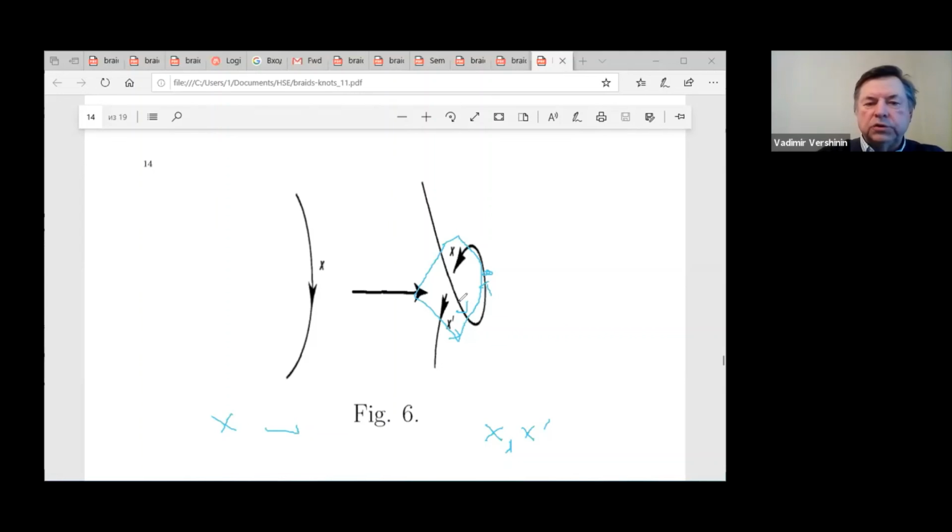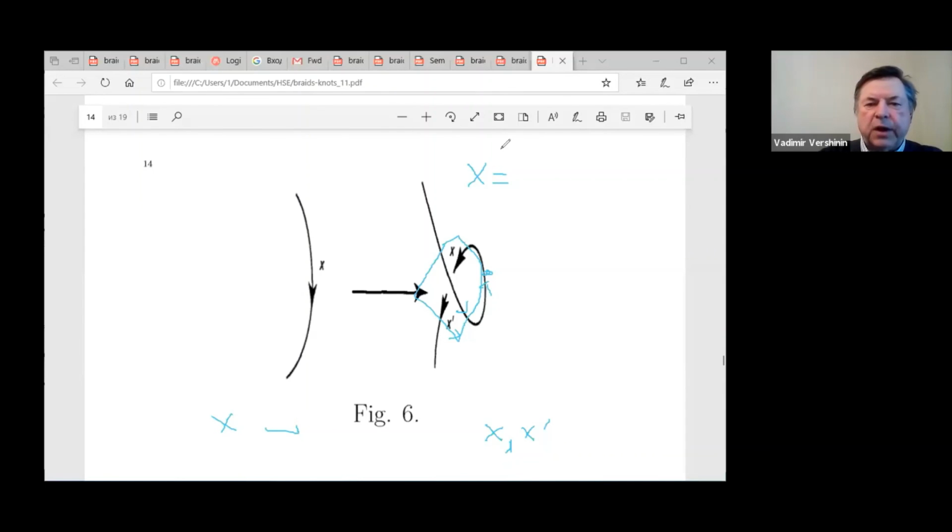So what should it be? This is X. So X is equal to this, which is going from the crossing.